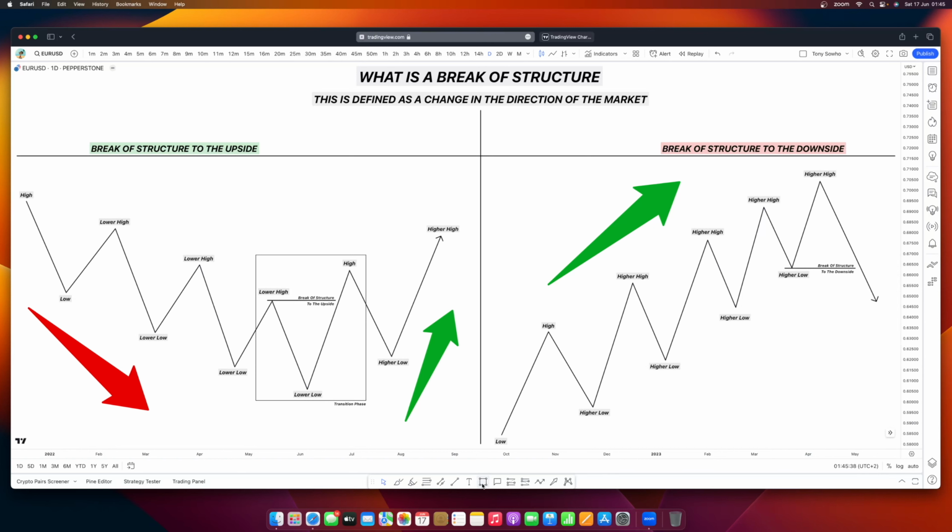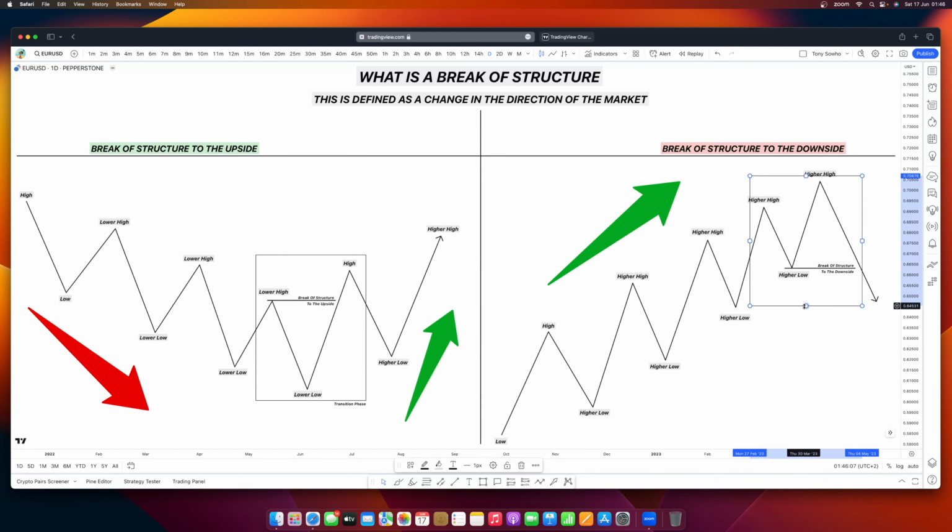And I'm going to also identify this area where we have the break of structure, the area where we had the last previous high, higher low, and then a higher high, and then price decided to break that structure. All that is happening in this area is what I call the transition phase. This is where price is changing direction from where it was before to a new direction.